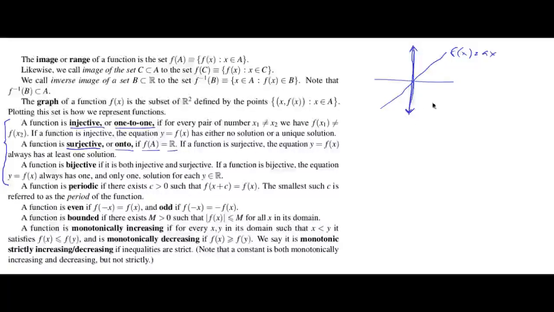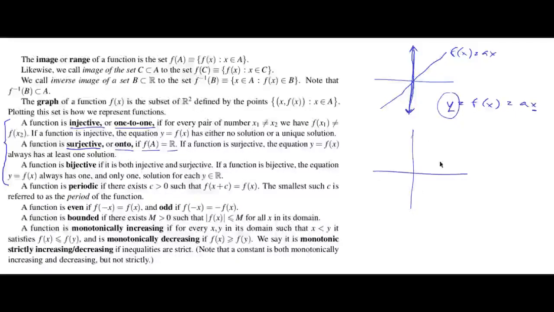So that means that when I write the equation y is equal to f of x, for instance y is equal to a times x, it doesn't matter which value of y I choose, there is always an x that gives me this y, at least one.